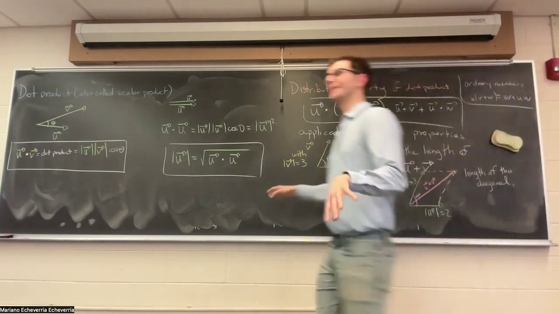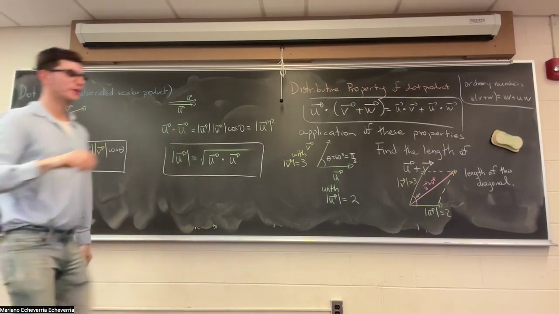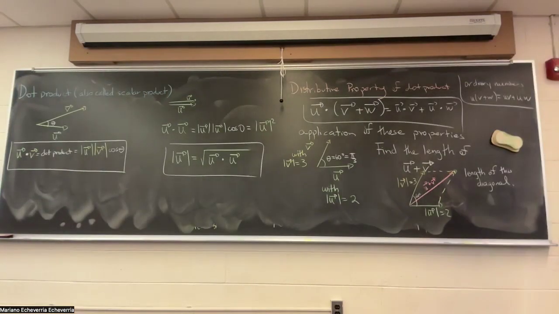We don't know anything else about the vectors. We only know their lengths and their relative angle, and that should be enough to figure out the length.